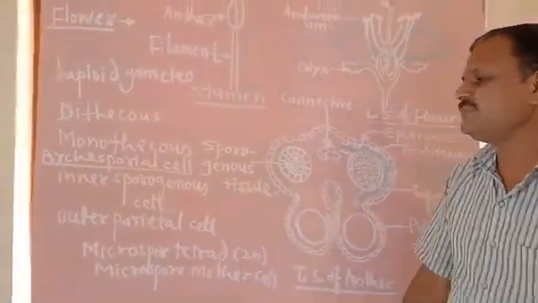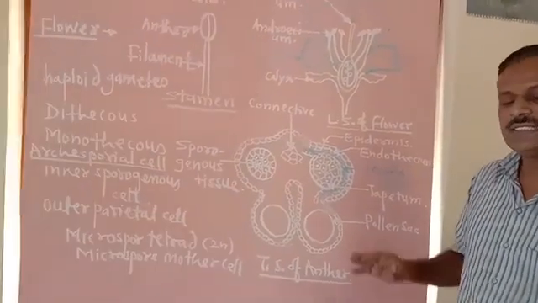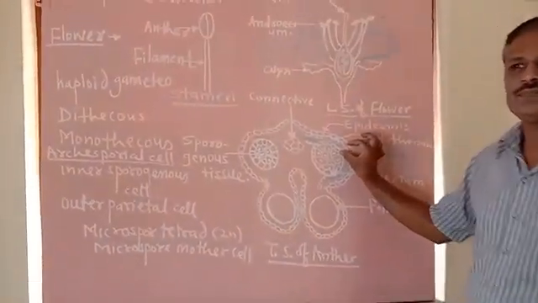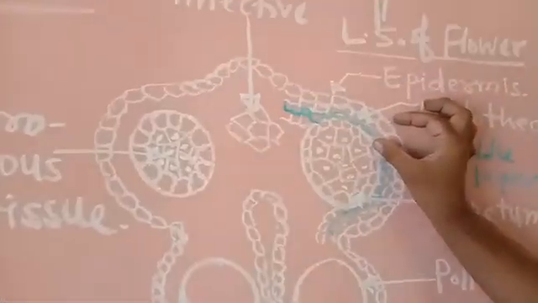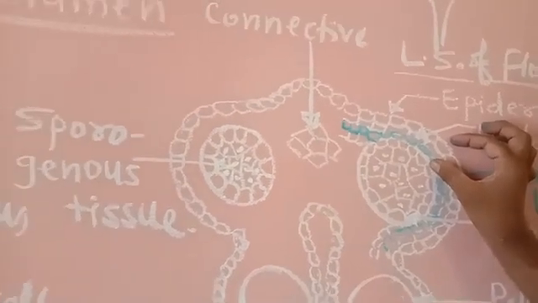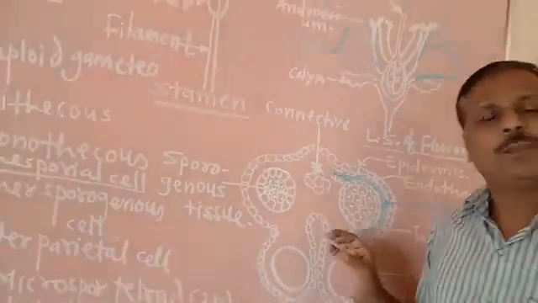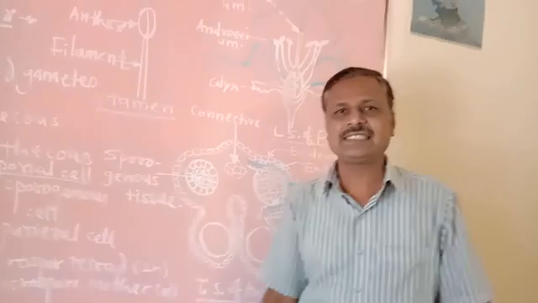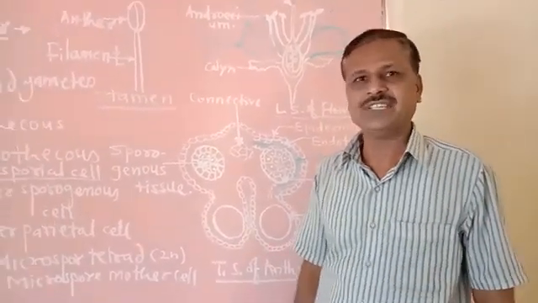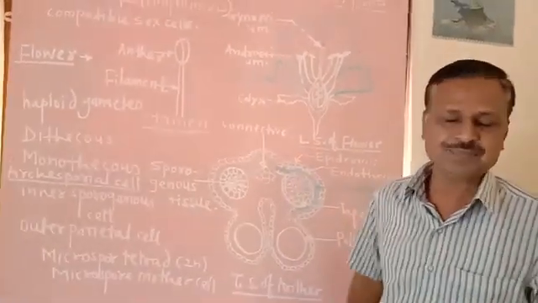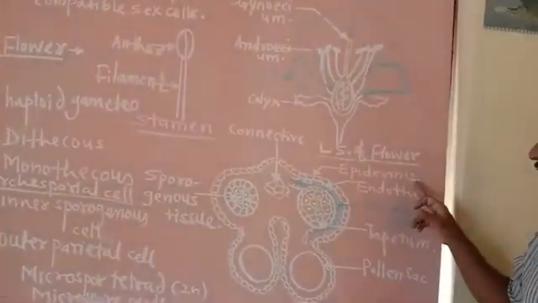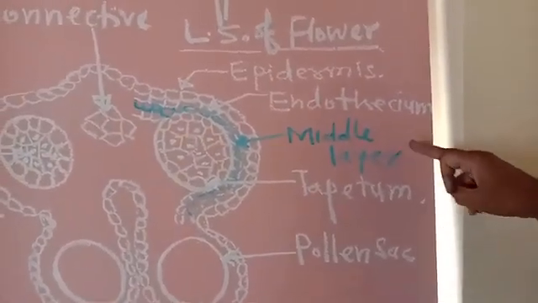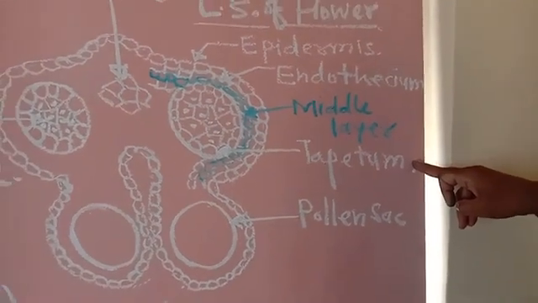Outer parietal cell redivides to form the anther wall, which is further made up of 4 different layers, arranged from outer to inner as epidermis, endothecium, middle layer, tapetum.